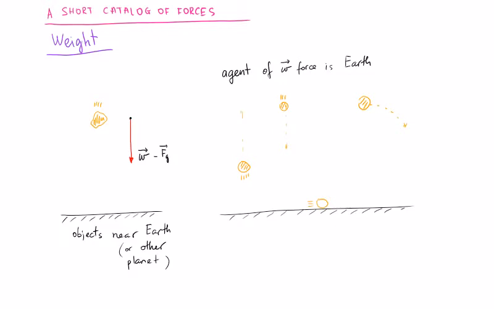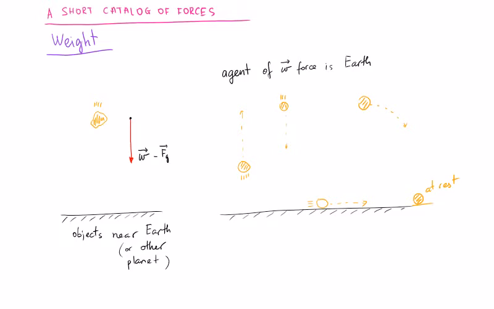It's not a vector, it's just a path that I'm showing. And let's say a ball that is at rest. The weight for all of these cases would be directed downwards.